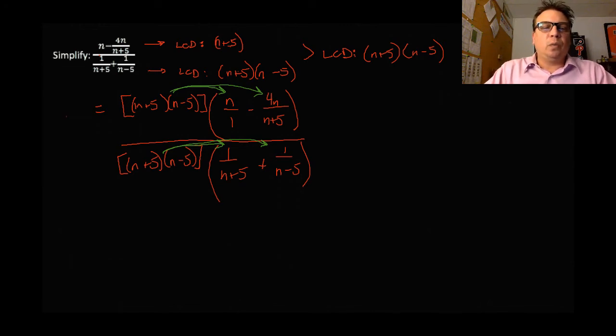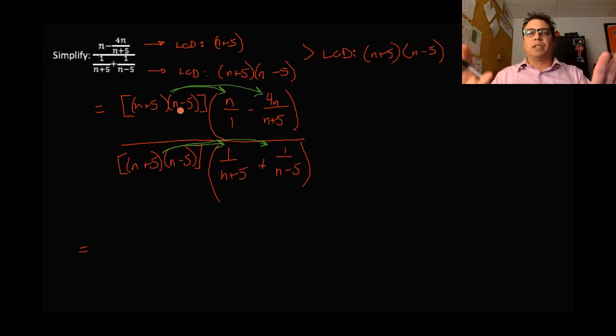So when we take a look again, so equals, I'm going to take this n plus 5, n minus 5. So think of n plus 5 times n minus 5 being very similar to like 2 times 3. That will be something that then gets multiplied to each thing. But I don't want to multiply it all out because I'm hoping to get rid of some common factors that are going to show up.